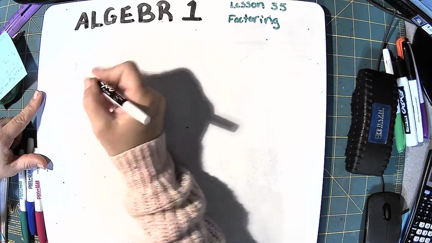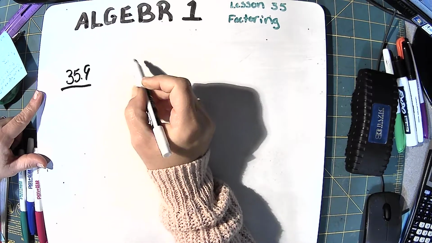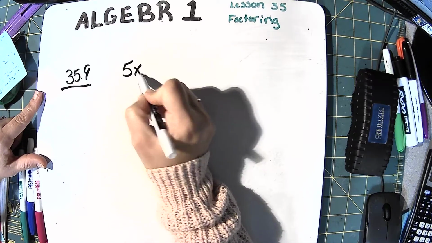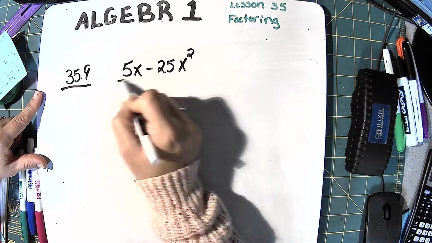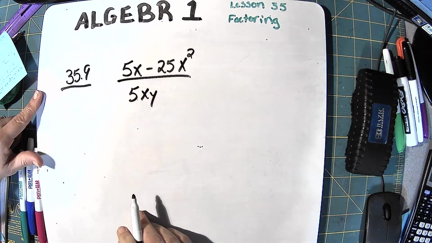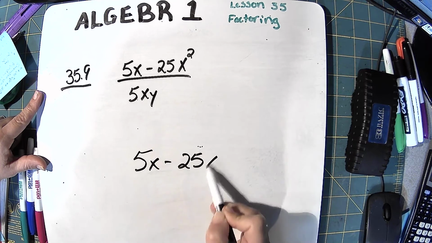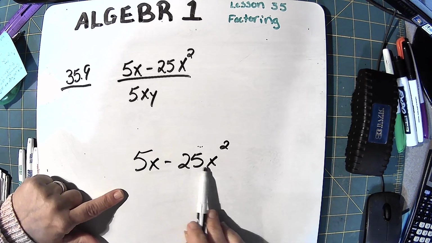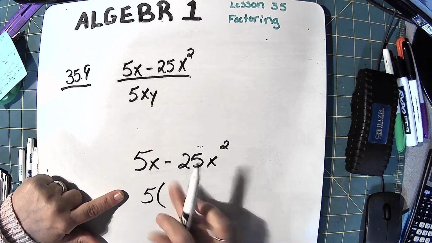This next one, 35.9. This one says 5x minus 25x squared over 5xy. So when we look at 5x minus 25x squared, we can say, well, they both have a 5 as a factor, and they both have an x as a factor.